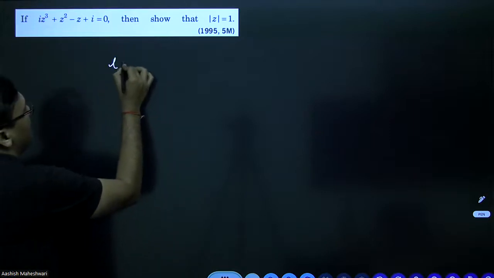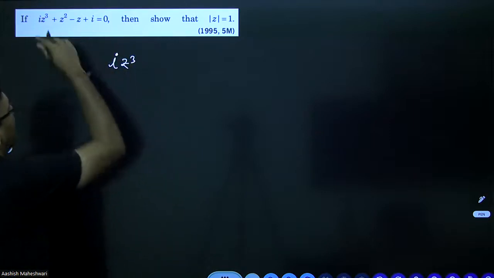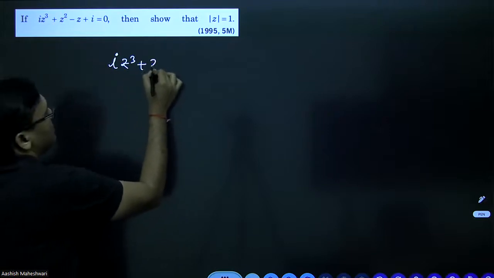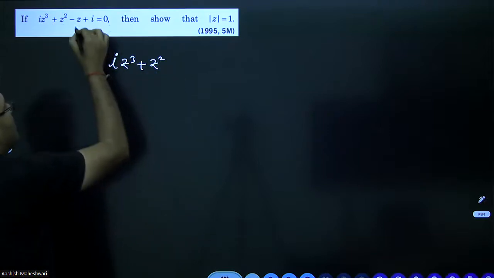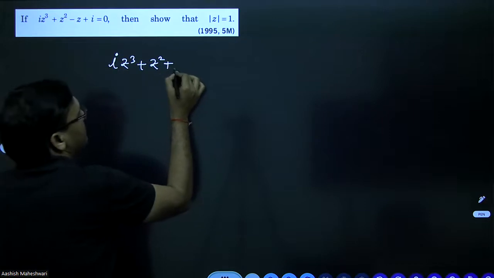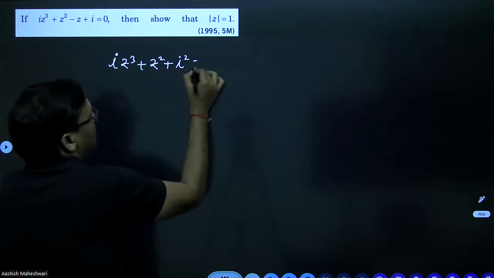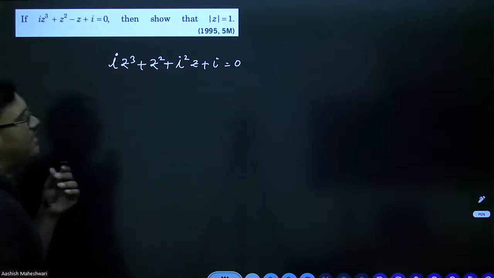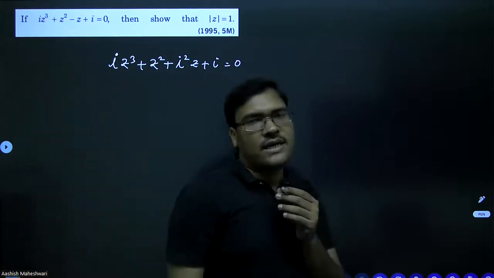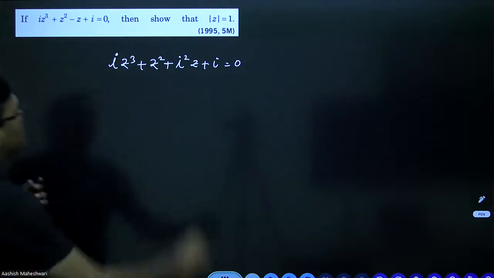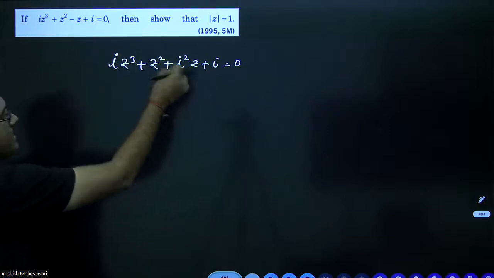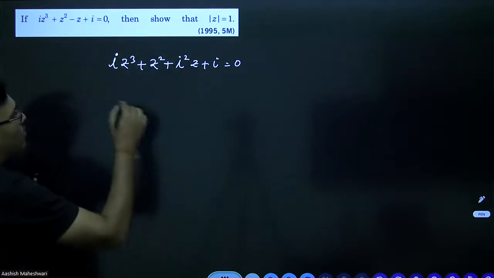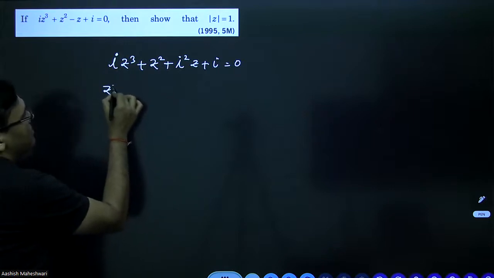We have this is iota z cube plus z square. I can write this minus z as iota square z plus iota is equal to 0. You can see what I have done is iota square is equal to -1, so I have replaced -1 as iota square. Now what will happen if I take z square common?